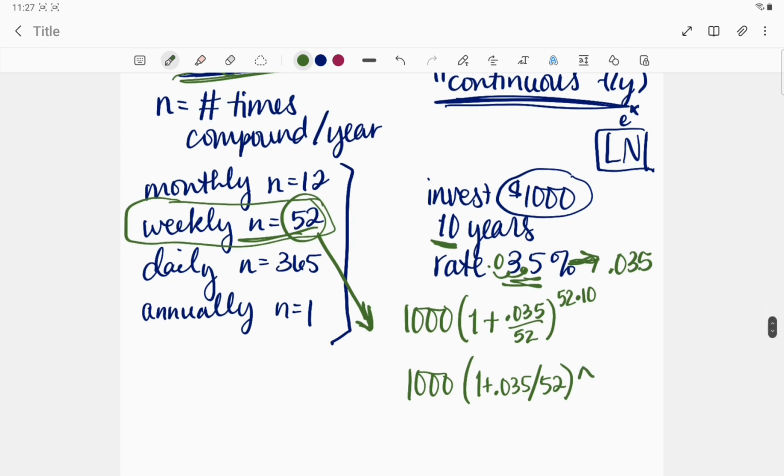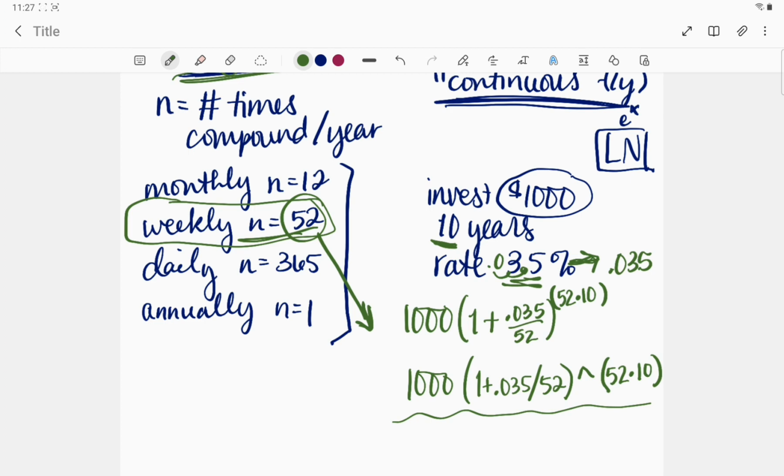Then when you do your exponent, especially if you have an older calculator or a scientific calculator, you'll want to put parentheses around the exponent just to make sure it does it correctly. Or, like in this case, something times 10 just adds a 0. You could just go ahead and multiply this. And then you would type that all in the calculator.